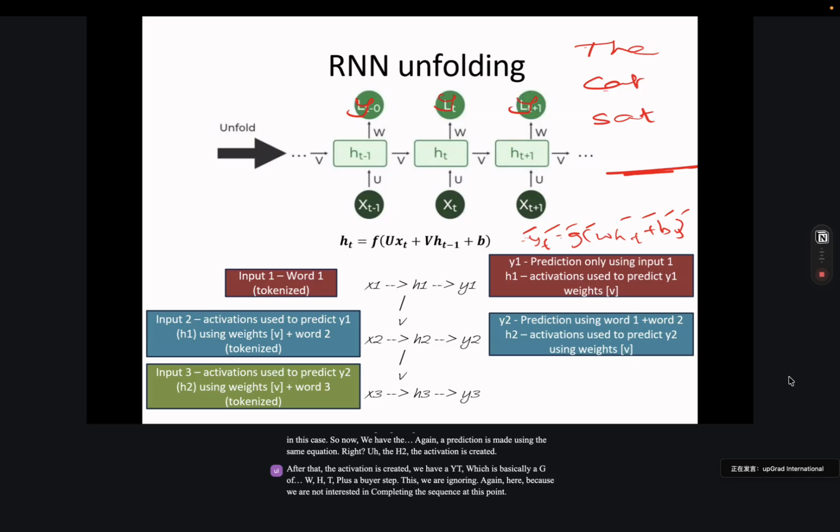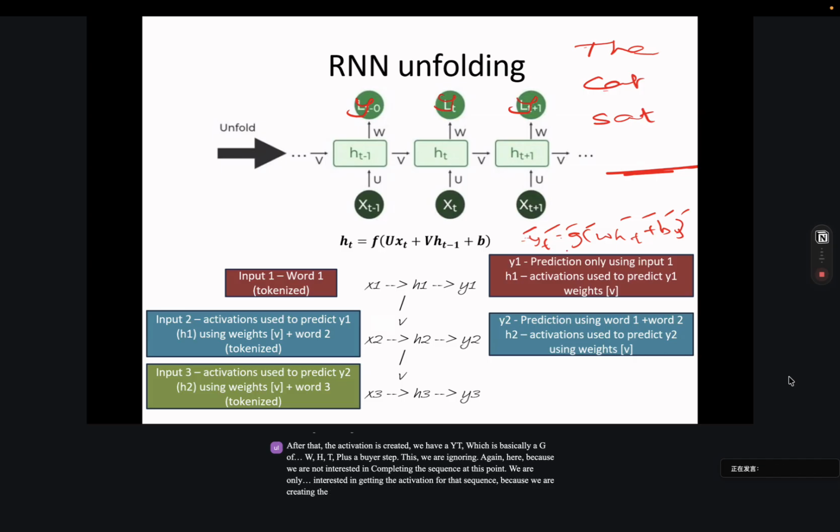We are only interested in getting the activation for that sequence because we are creating the hidden state, right? So the H2 gets updated and that goes as input to the third word. The activation used to predict W2, the whole output of this, the HT, goes here along with the weight component, the V. Okay.